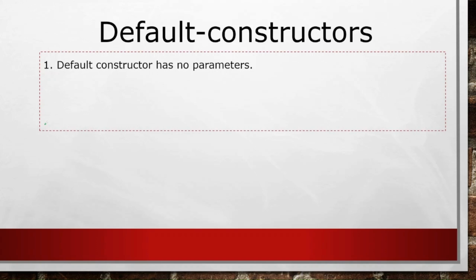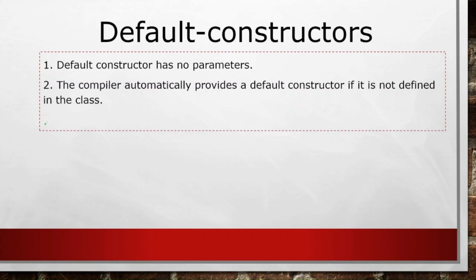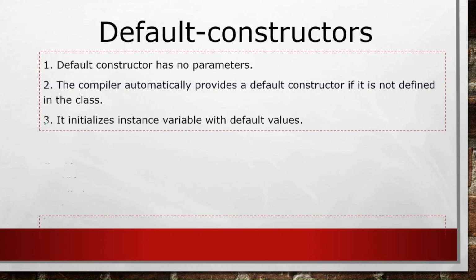A default constructor has no parameters, and the compiler automatically provides a default constructor if it is not defined in the class. If the user or developer has not explicitly defined a default constructor, the compiler will automatically provide one, and it initializes instance variables with default values.